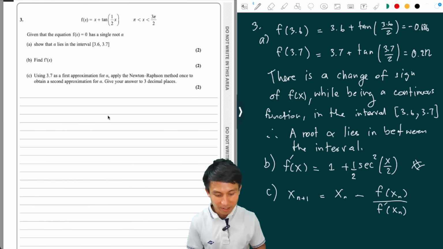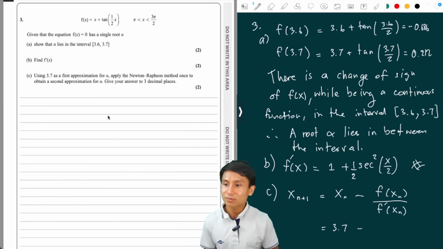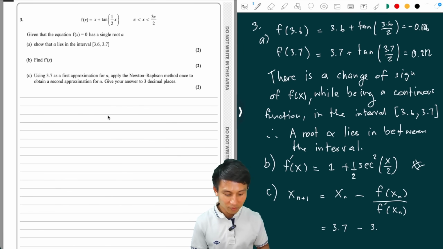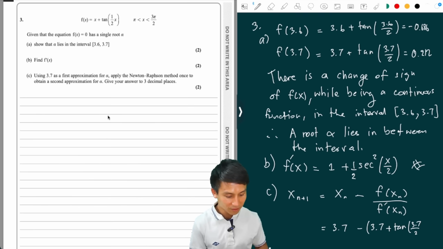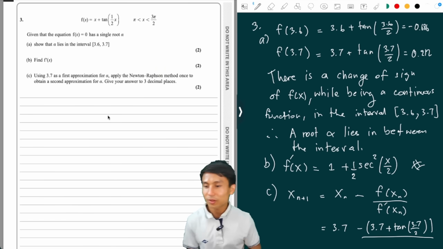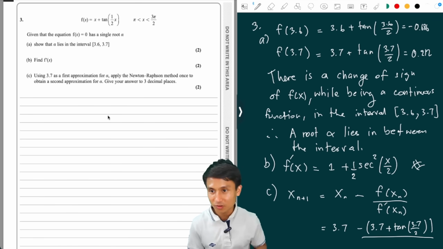Okay, so we apply the formula. So the first approximation being 3.7, we just plug 3.7 in here. f(x) being f of 3.7, so it's just 3.7, this whole thing, plus tan of, we actually got it from here, right? If you remember. Yeah, we can make use of that. And then divided by the derivative where you substitute also 3.7 in there.